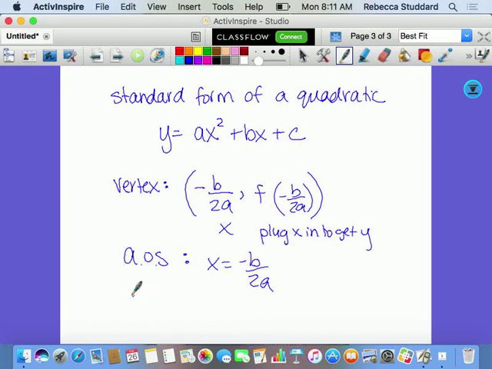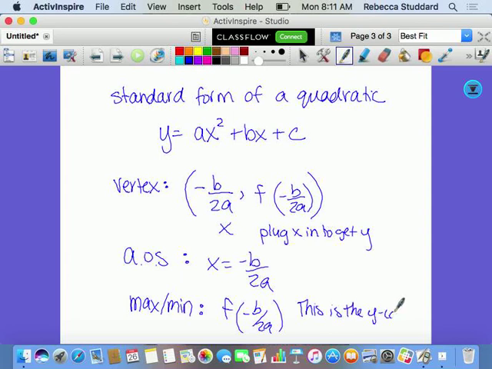Which means your max or min is going to be f of negative b over 2a, whatever the y coordinate of the vertex is. Any questions?